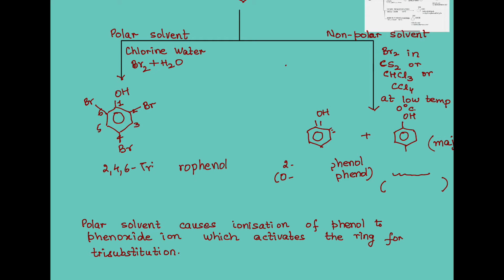Now, interestingly, although I'm not sure how many of us have been able to go to the laboratory, you will do this experiment in the laboratory and you will notice that this 2,4,6-tribromophenol actually gets deposited as a white precipitate, and this particular reaction can now be used as a test for phenols.